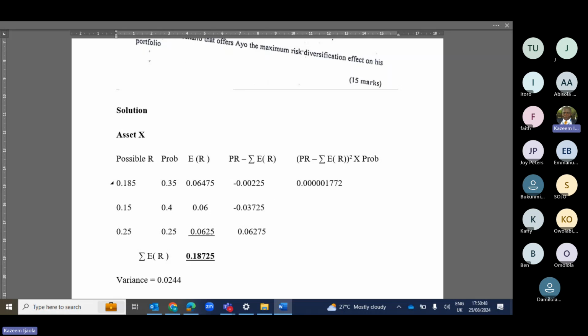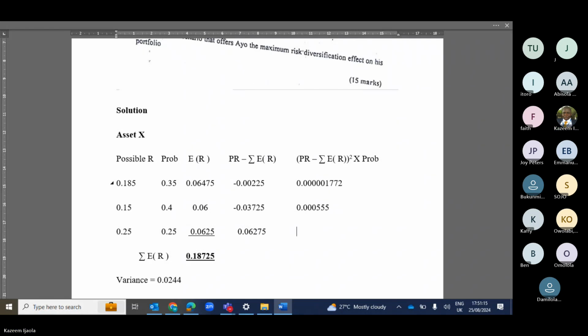Then this one will be 0.03725 raised to power 2, times 0.4. This one too is 0.000555. Please, guys, calculate to help me, so that in case I make a mistake, you can correct me.